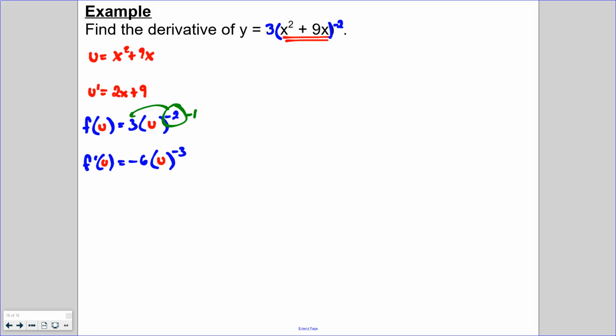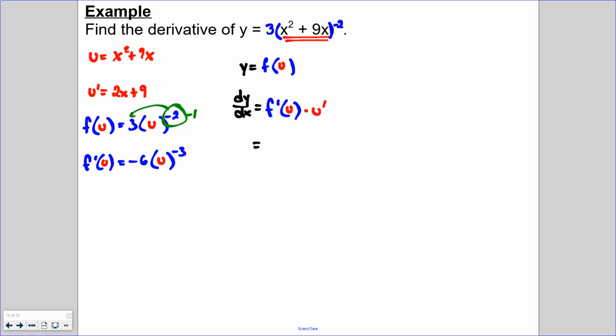So now we can actually take the derivative, so we know that y is going to be f of u. When we want to take the derivative, let's use the dy over dx notation here. We know that's going to be the derivative of the outside, leaving the inside alone, and then multiplying by the derivative of the inside. And now we'll just substitute these values in.